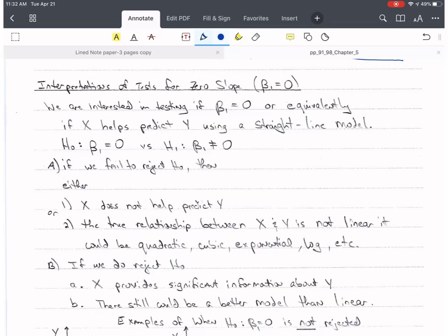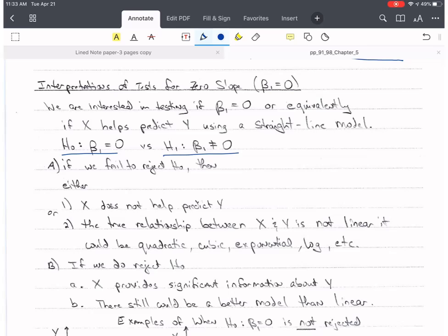Okay, so if beta 1 equals 0, then y is equal to beta naught, which is a straight line, which is constant. And so that would say that it's not dependent on x, so we don't have a relationship or an association between x and y if beta 1 is 0. So we're always interested in testing this hypothesis.